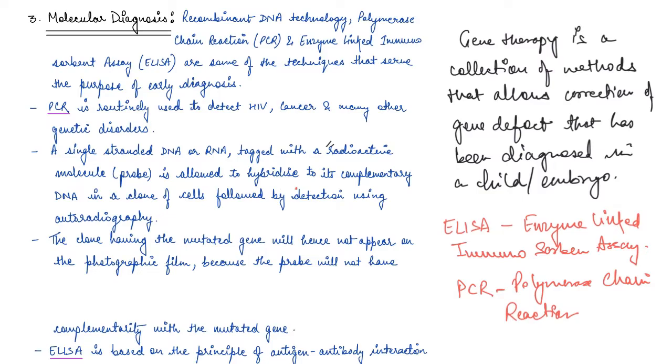So basically, in the similar way, ELISA, this test is based on the principle of antigen and antibody interaction, right? So infection by pathogen can be detected by the presence of antigen. If we have antigen, we can know that there is an infection of that pathogen. We can also detect it by presence of antibodies which are synthesized against the pathogen.